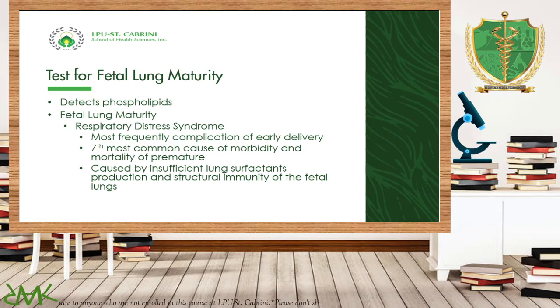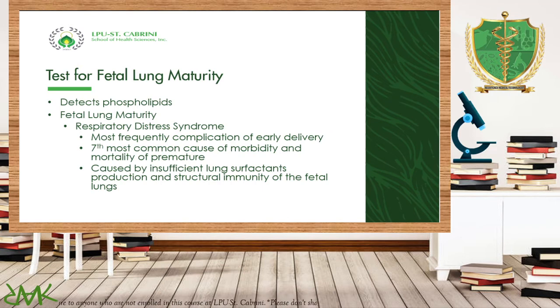Why? Because during the third trimester of pregnancy, that is the time wherein the fetal lung is developing and maturing. That is when the maturation happens, when the fetal lungs develop well.